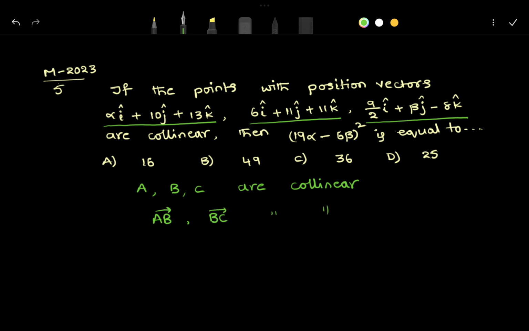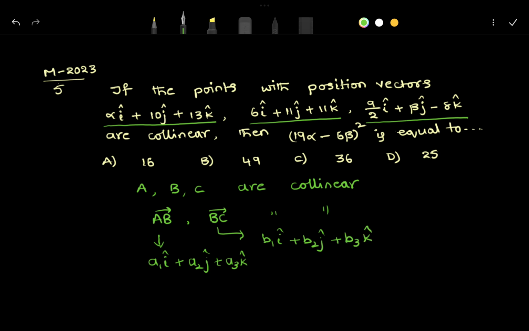So when these are collinear, suppose AB bar is one vector. For example, say this is A1 I cap plus A2 j cap plus A3 k cap. And next, BC bar is B1 I cap plus B2 j cap plus B3 k cap.